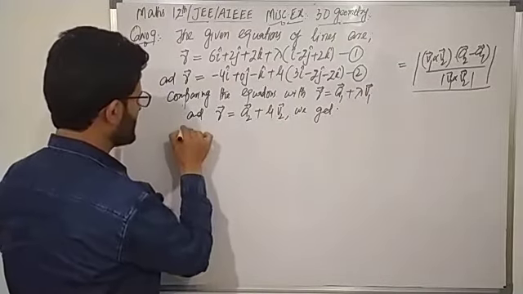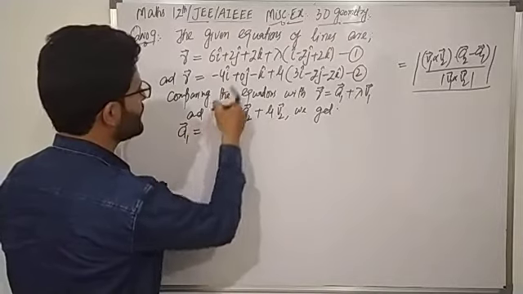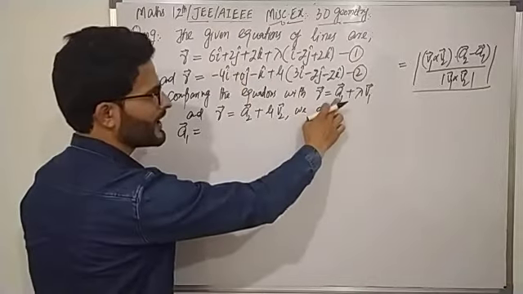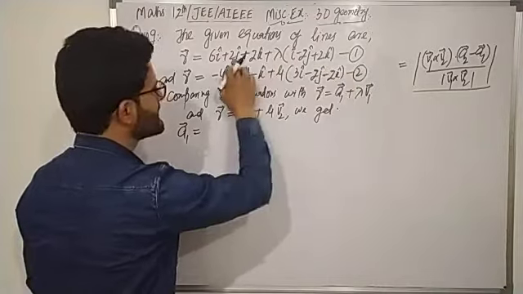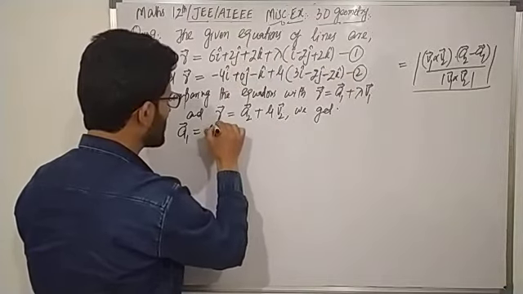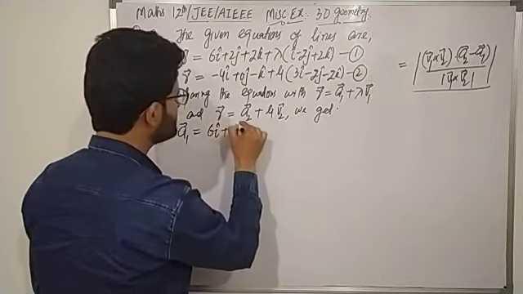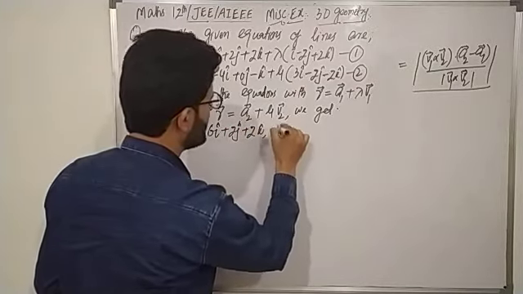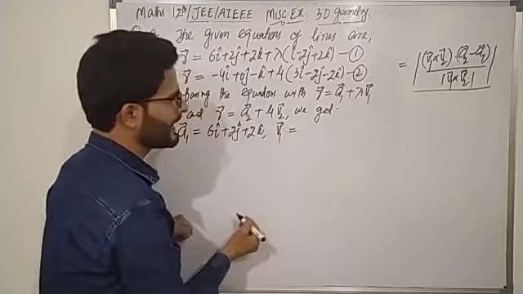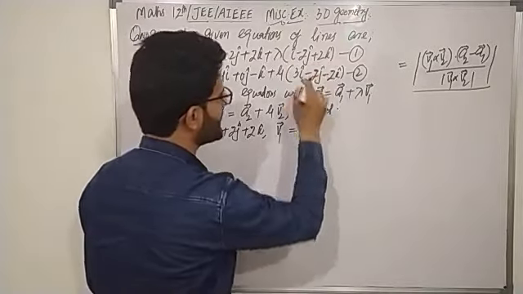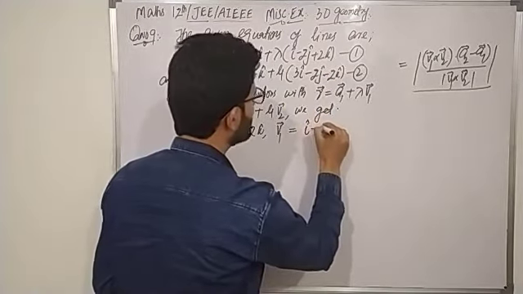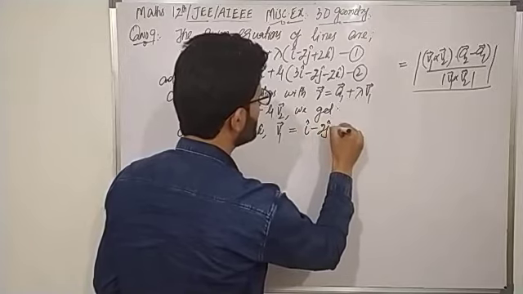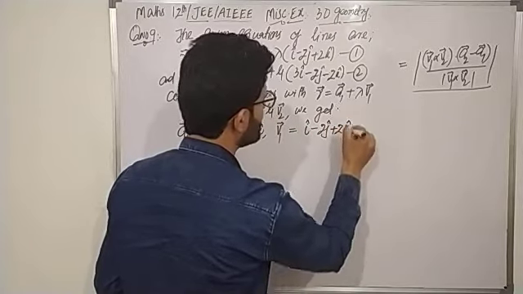So we get a1 vector. What is the value of a1? a1 is the position vector of the point through which the first line passes, and that is 6i plus 2j plus 2k. We will get v1 vector, which is parallel to the first line, so i minus 2j plus 2k.